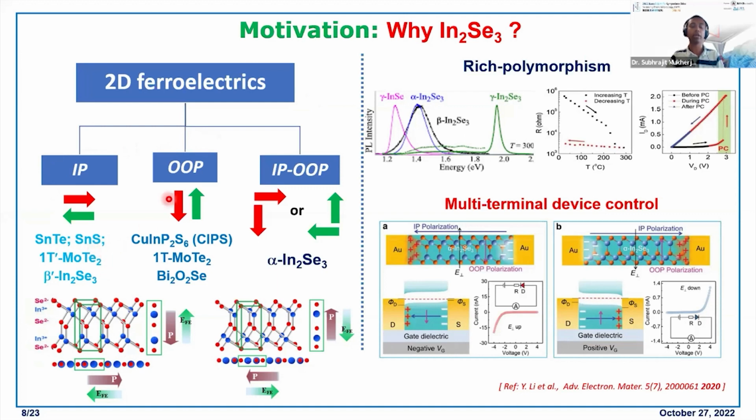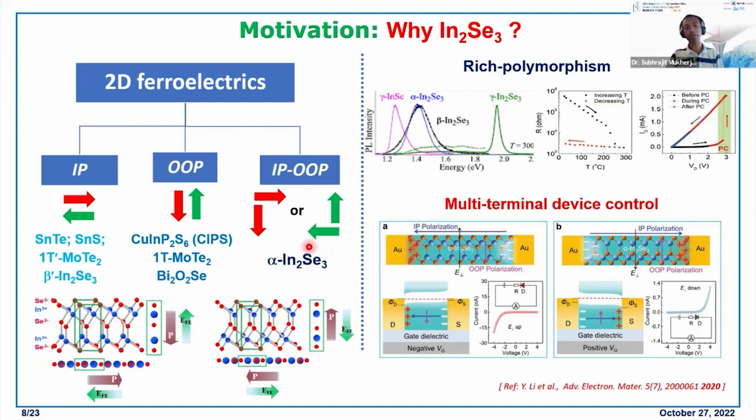If you have the ferroelectric dipoles in the up or downward direction, you have out-of-plane ferroelectricity, which is basically CIPS or MoTe2. And another kind of ferroelectricity is there, where due to the crystal structure asymmetry, in-plane ferroelectricity as well as out-of-plane ferroelectricity also happen.